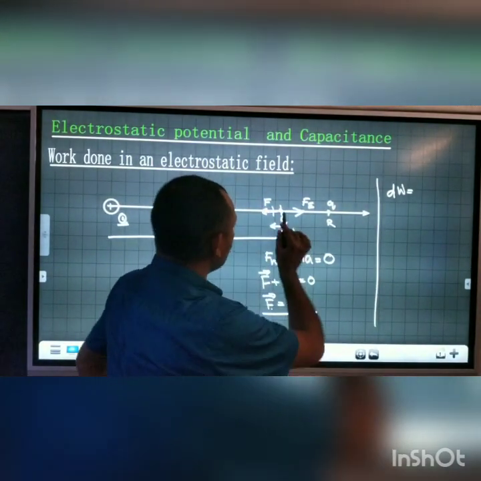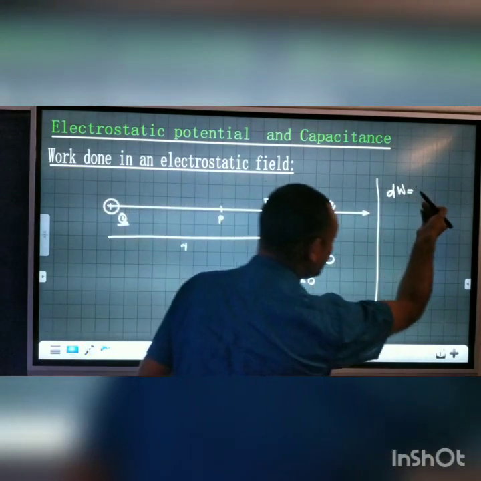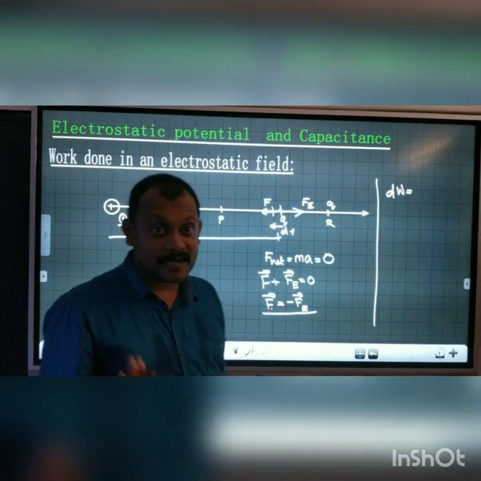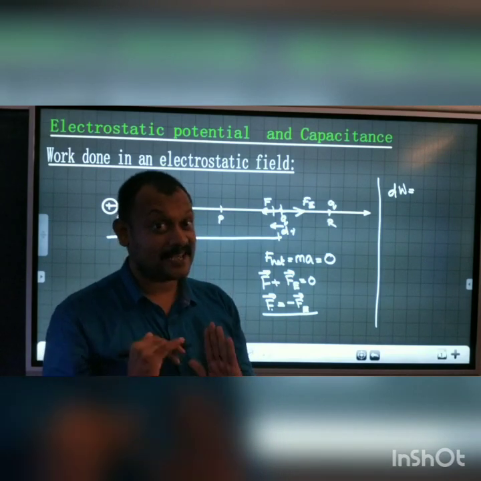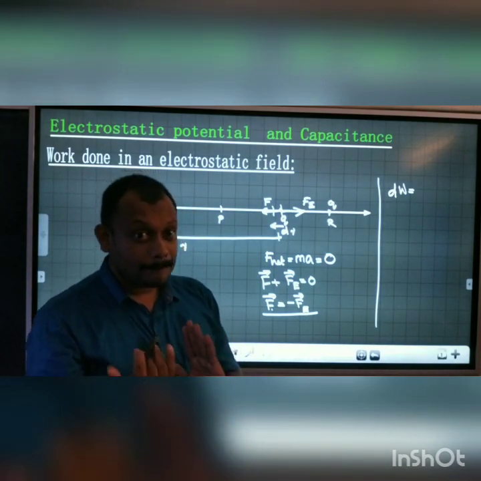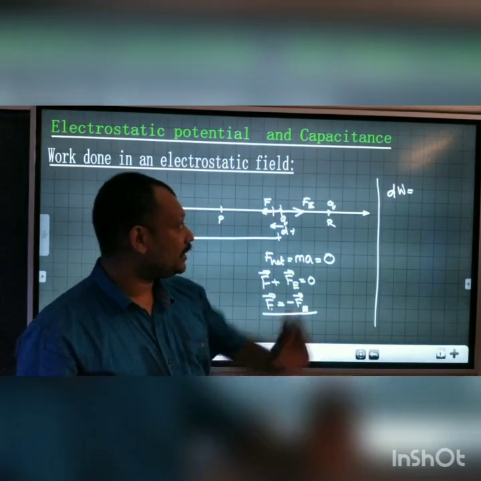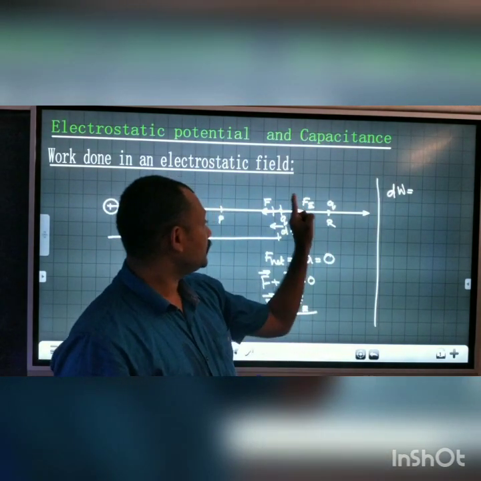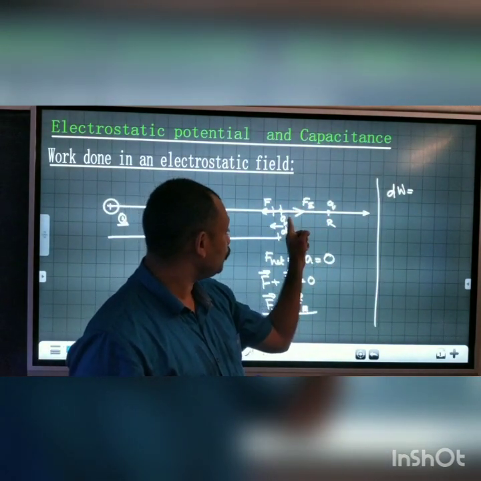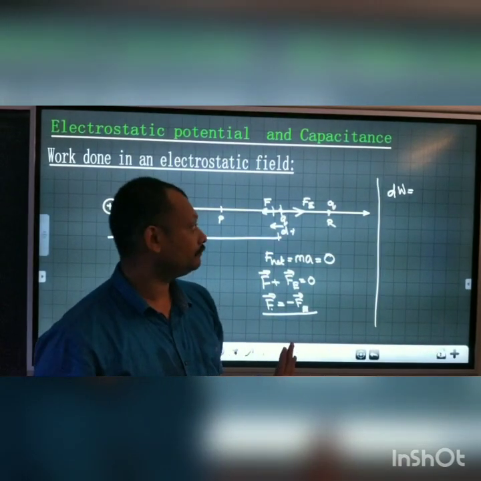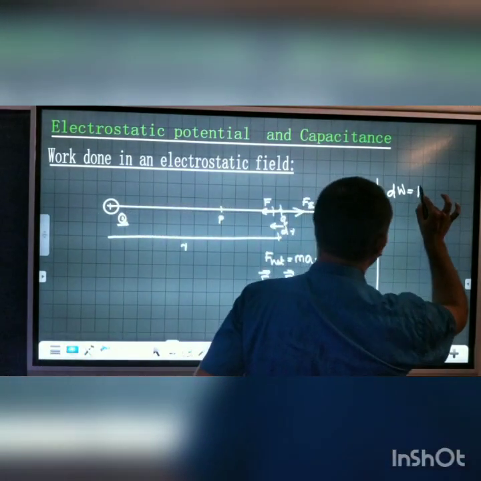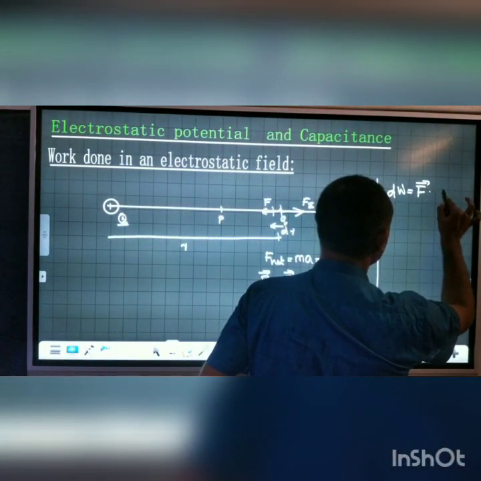So dW is the work done by the external agency in displacing the charge q through a distance dr. So dW is equal to F dot dr.